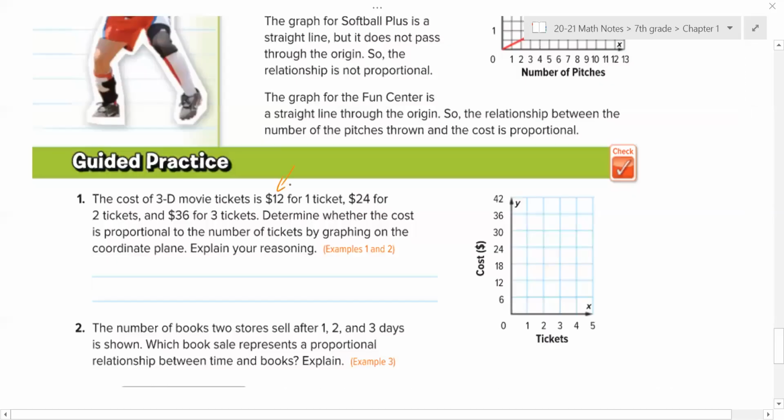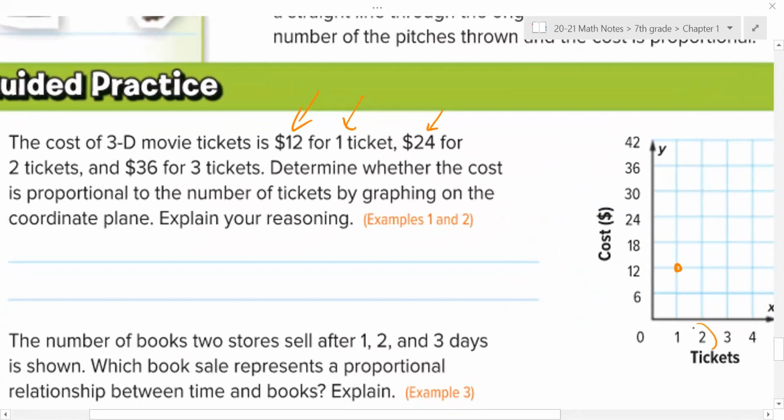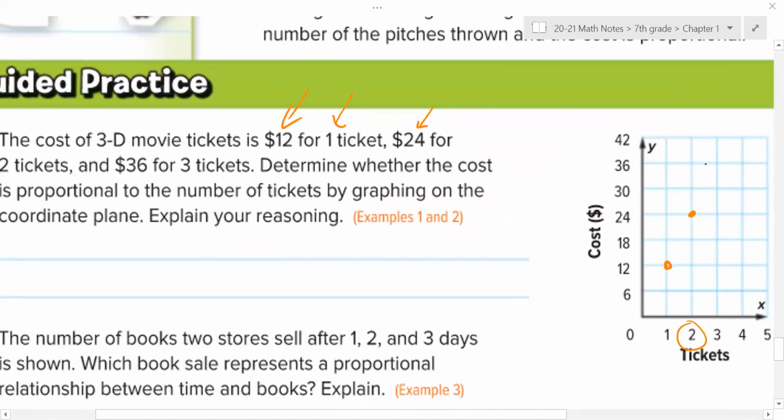So I have $12 for 1 ticket. So that means I'm going to put a dot right here. I have $24 for 2 tickets. So I'm going to go to the 2 on the tickets, and 24, put a dot there, and $36 for 3 tickets. Then I'm going to graph the line.